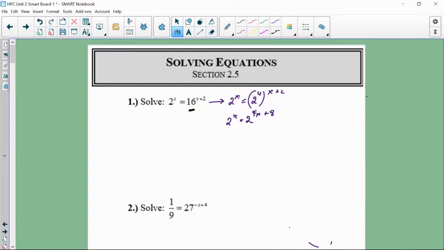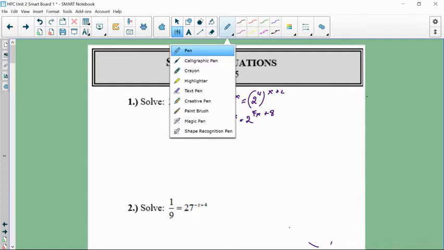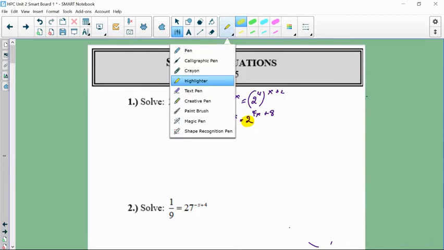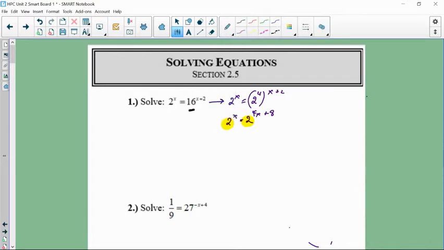And so here, once our bases are the same, right? So we both have base 2. Since the bases are equal, that means the exponents have to also be equal. A misconception might be, oh, you're dividing both sides by 2, but you're really not.